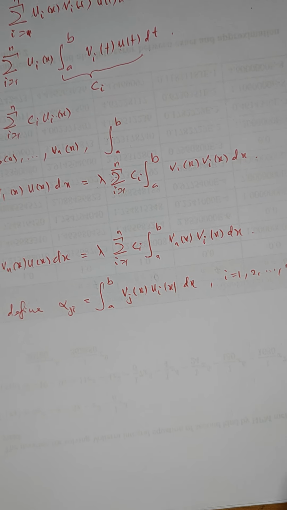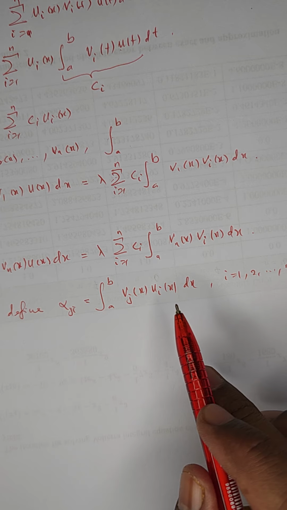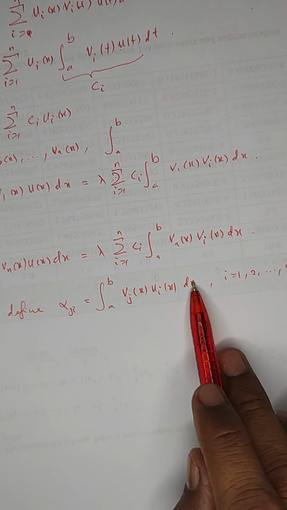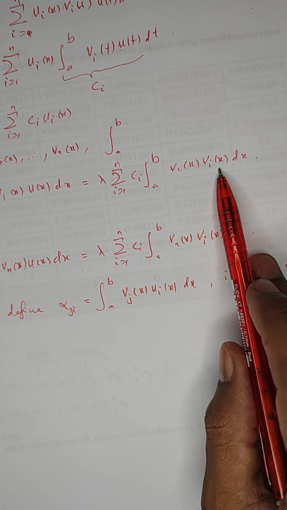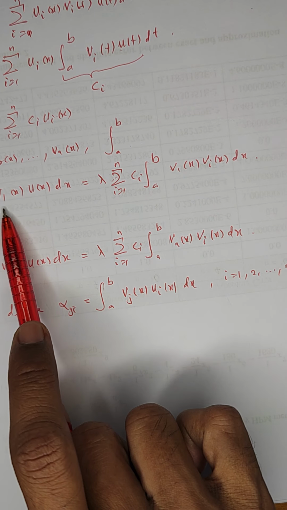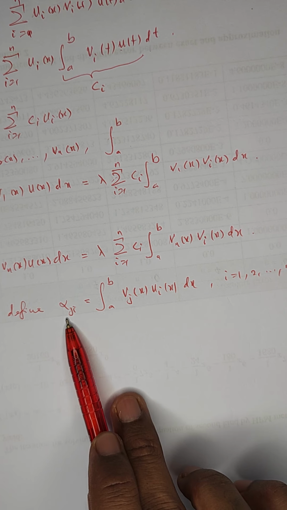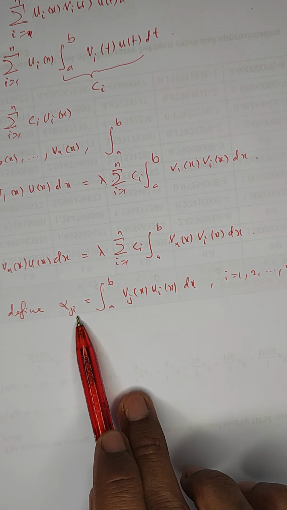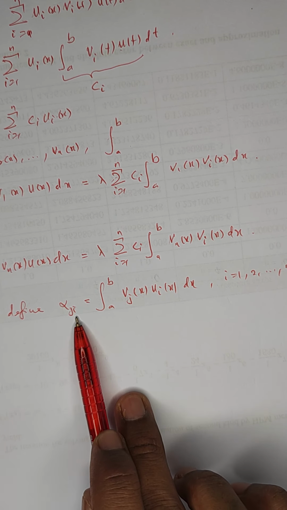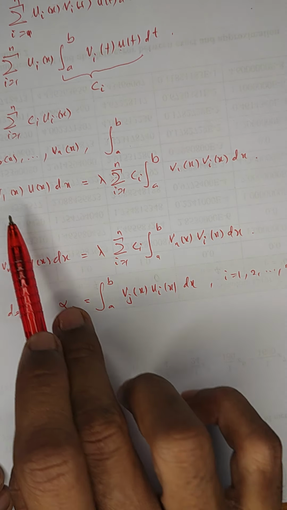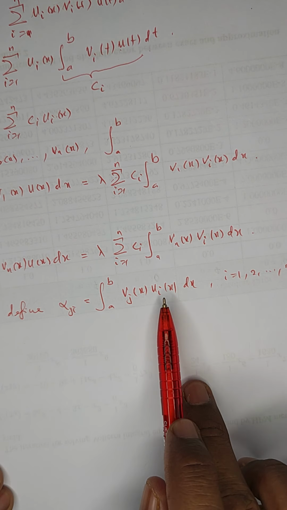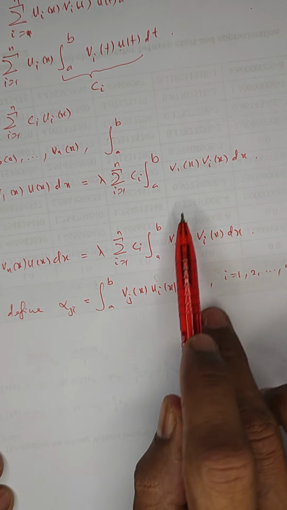Then what we have, if we apply this into the first equation here, so what we can see, this is v1 u, so we have alpha 1i. No, the right hand side here, sorry.